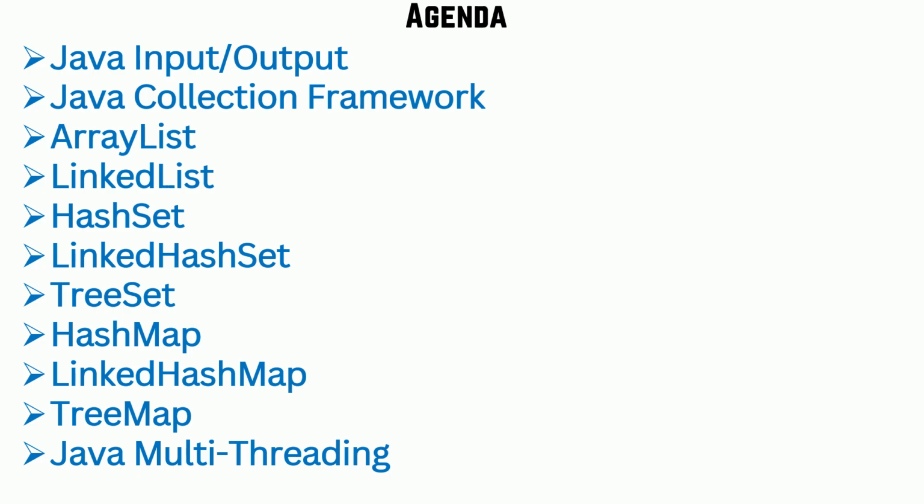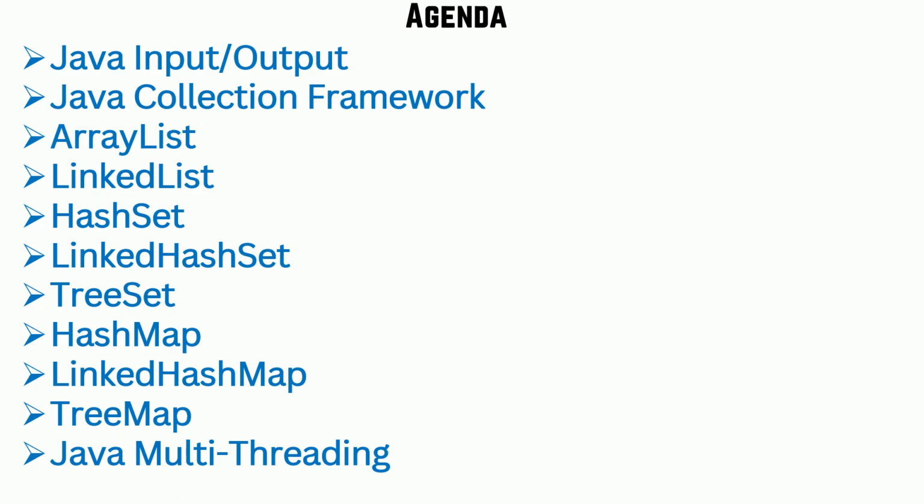So today we'll cover a couple of very critical, advanced topics from Java, like Java input output operations, where you will learn how to deal with folders or files in Java. Then the Java collection framework, which is very crucial in Java, where we'll cover different lists, different interfaces, and different classes.